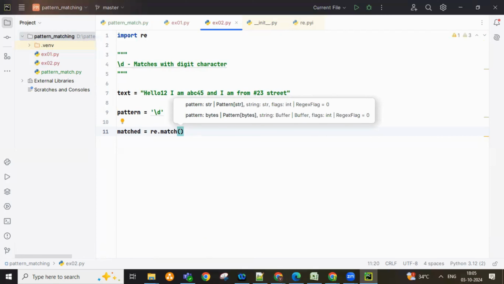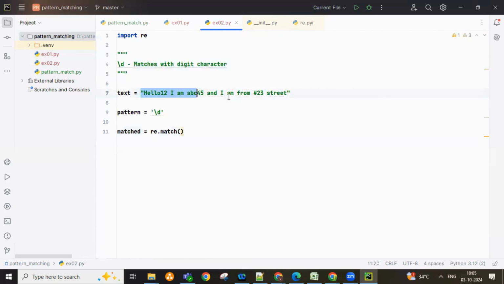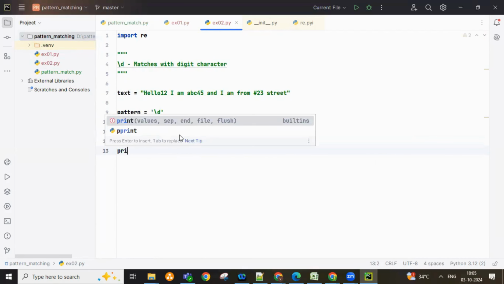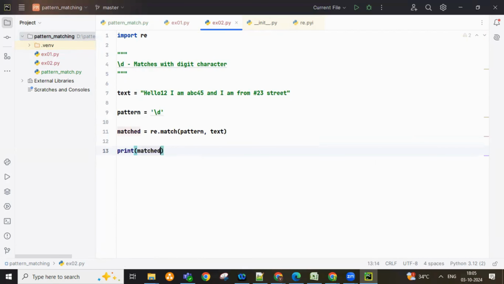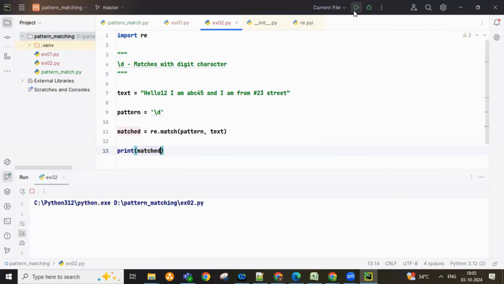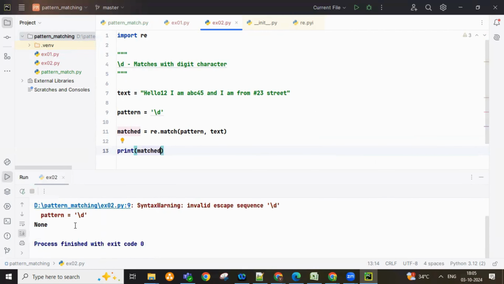So what match will do is try to find the pattern somewhere in the data. So for example, pattern comma text. If you print match, you'll understand whether it is matched or not. If you go and trigger this, it returns None, correct?